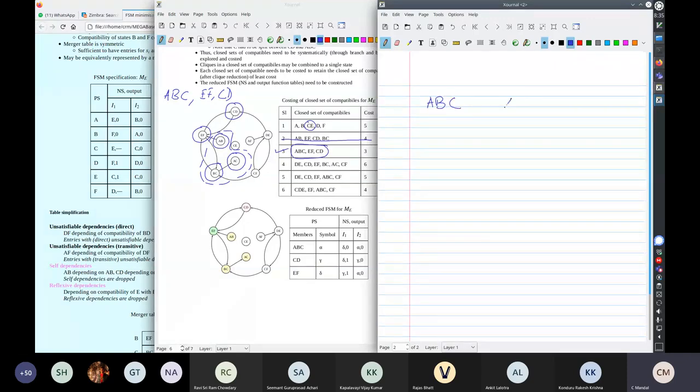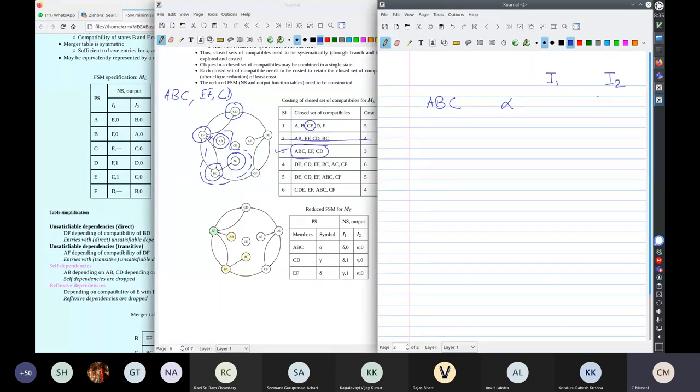We're just calling it alpha. As you have seen, these can be compatible. That is how we have constructed the compatibility graph from the merger table. So in this machine, you have got two inputs, I1 and I2.